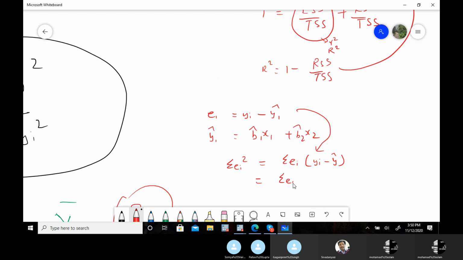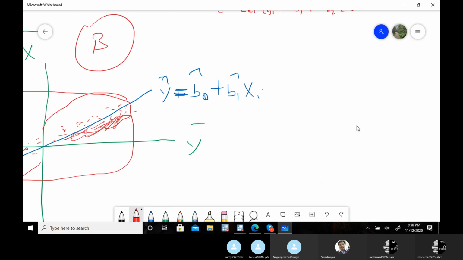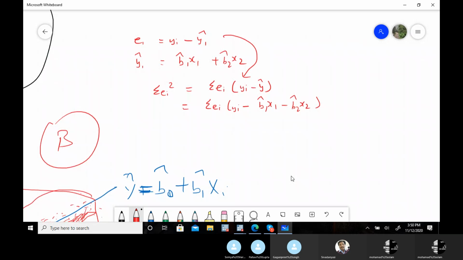Just put these values here: y minus the value of y hat, beta 1 hat x1 minus beta 2 hat x2. Now these days software will do these calculations in a second, so you might think how easy regression is. But if you have to do it manually, first you have to understand the formulas, and only then can you do these calculations.